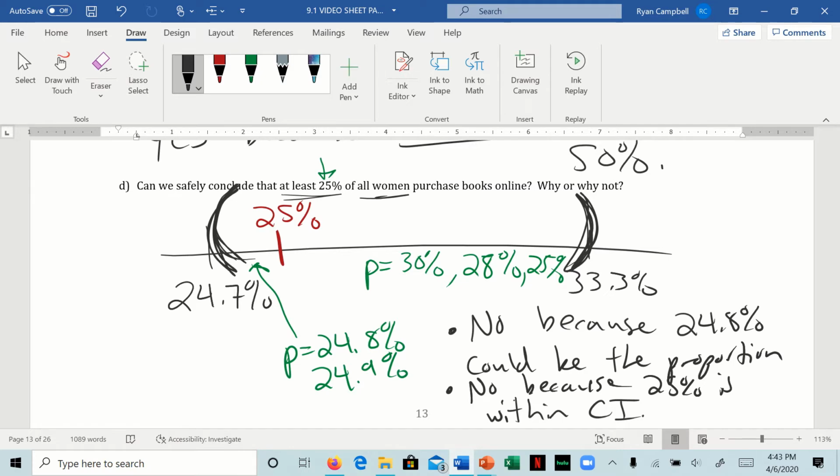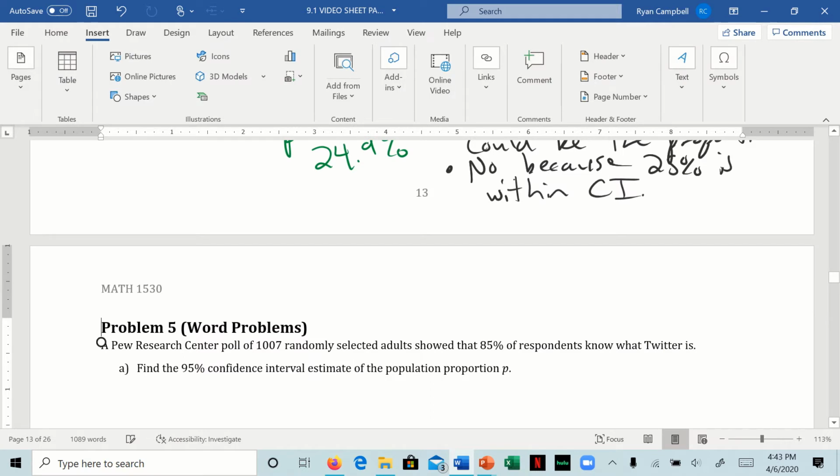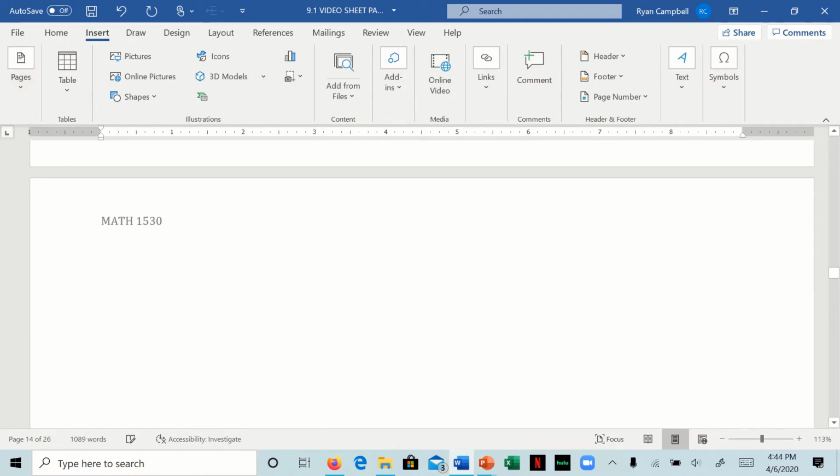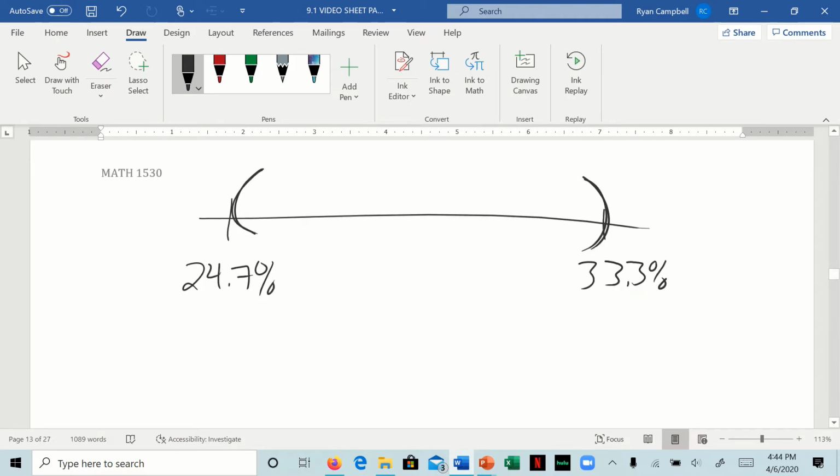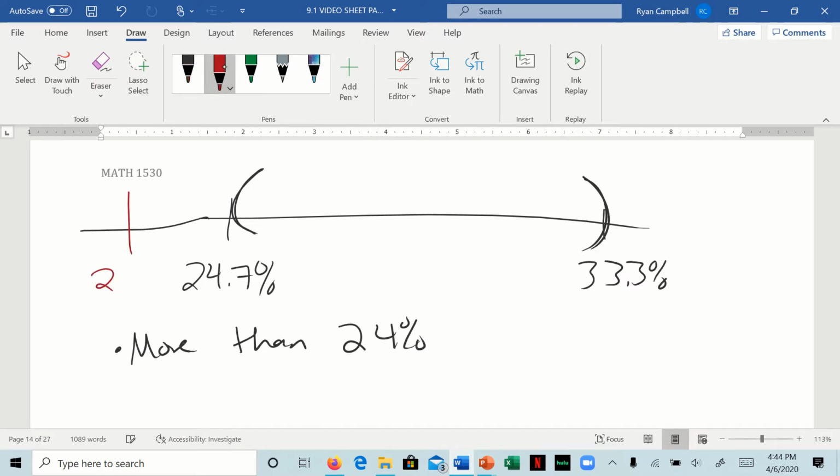So what are some things that we could safely conclude? If we have a confidence interval that goes from 24.7% up to 33.3%, what are some other things we could conclude? We could conclude that more than 24% purchase books online, because if we put 24 on this number line, it's less than that.